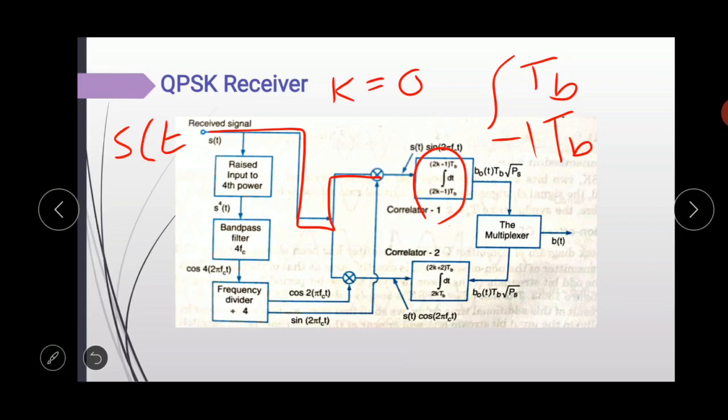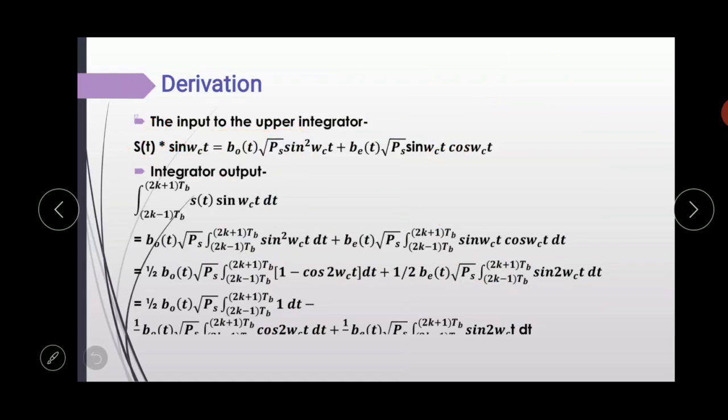Like this we can see the duration of the 2-bit interval is 2 TB for each case, that is k equal to 0, k equal to 1, k equal to 2, for any case. One synchronous demodulator uses cos omega ct as a carrier signal and the other one uses sin omega ct as a carrier signal. Let's see the derivation.